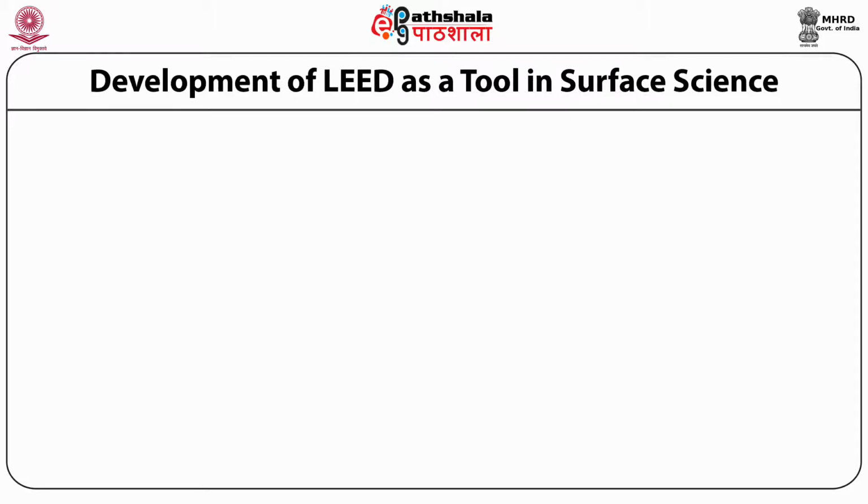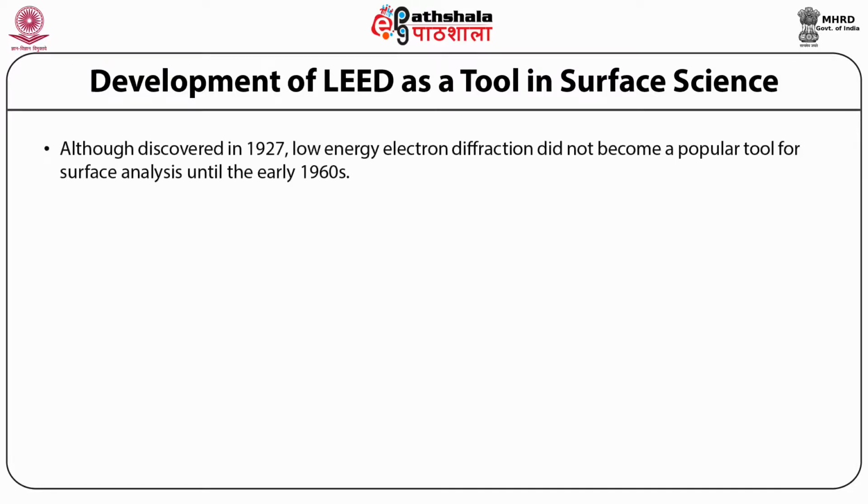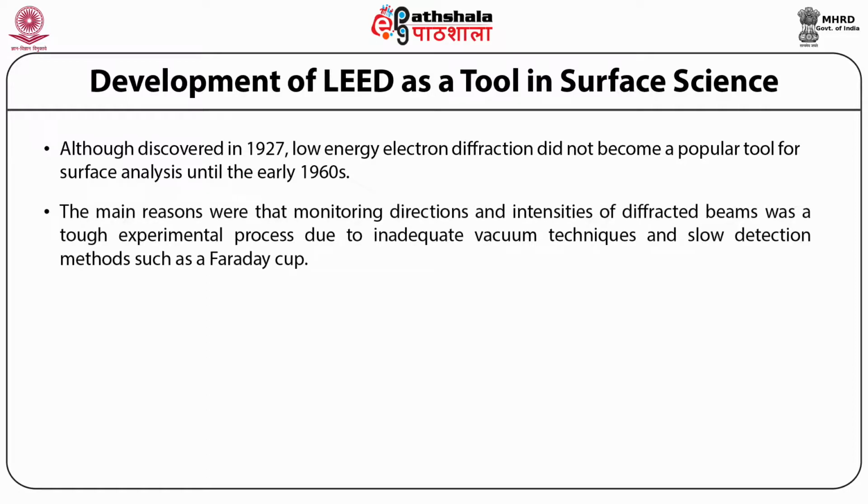Development of LEED as a tool in surface science. Although discovered in 1927, low-energy electron diffraction did not become a popular tool for surface analysis until the early 1960s. We have already discussed that. The main reasons were that monitoring directions and intensities of diffracted beams was a tough experimental process due to inadequate vacuum techniques and slow detection methods such as the Faraday cup.